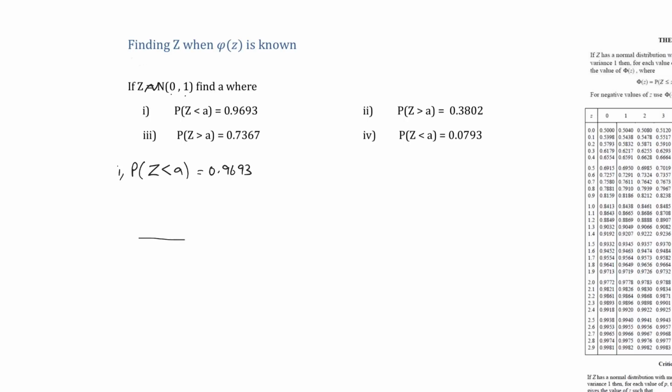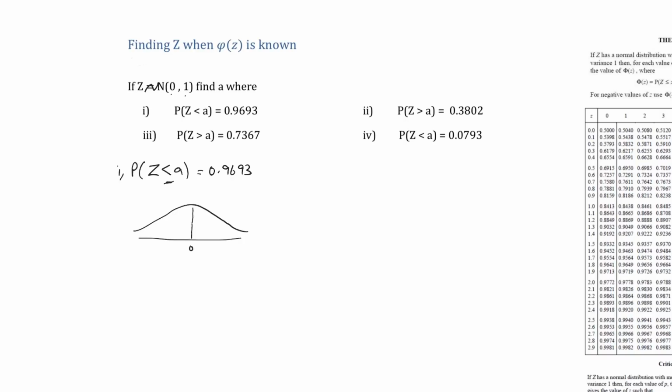So this means that if I draw a standard normal distribution curve with mean 0, first of all I'll have to locate a by the help of this probability and this sign. They are saying that z is less than a, so a should be lying somewhere.